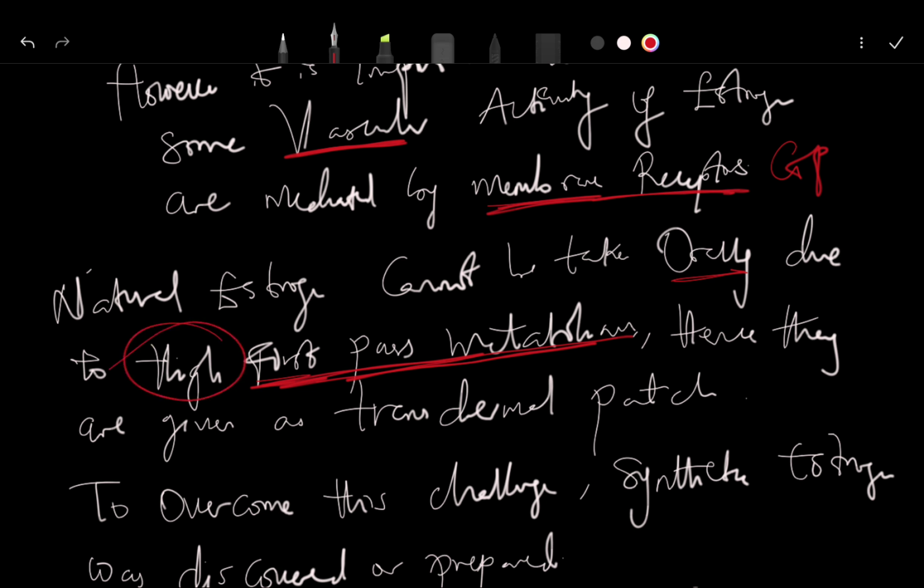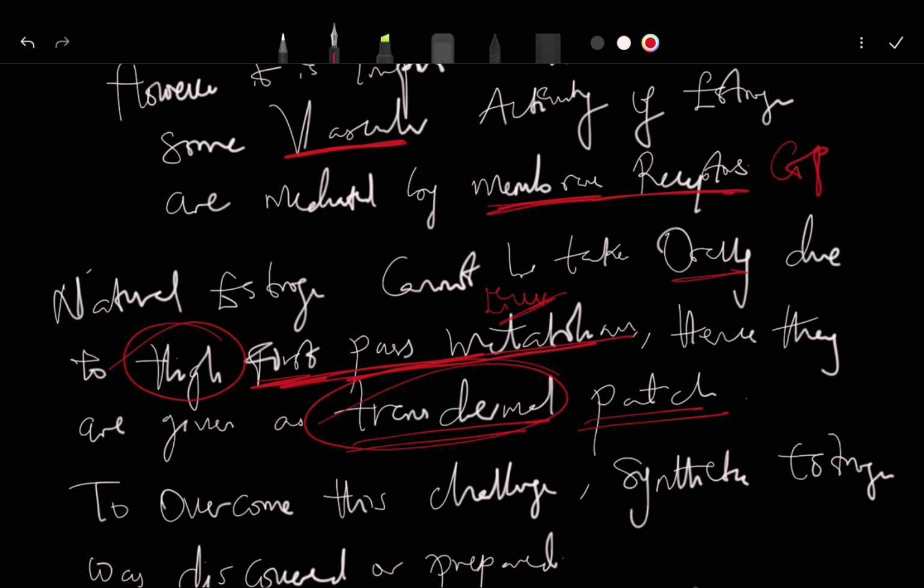For that reason, they cannot be given orally because they will be destroyed by the liver. Rather, we prefer to give them as transdermal patches. We give them as what? Transdermal patches.